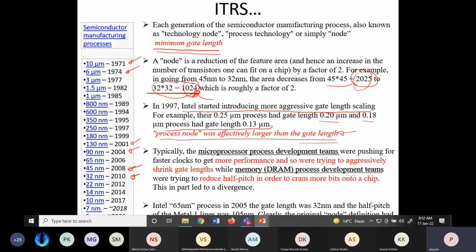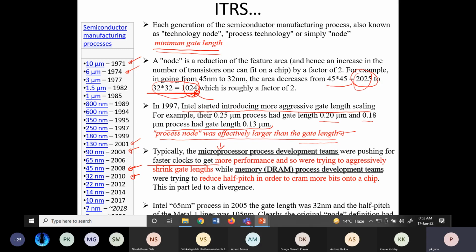Now what happened actually is there became two groups. One group was developing microprocessors, and they were pushing faster clocks to get more performance, right? In microprocessors, when you buy any electronic gadget, you always look for how fast it is, right?